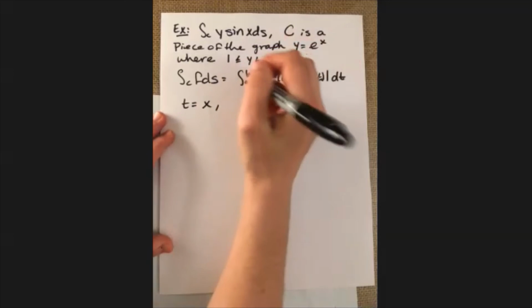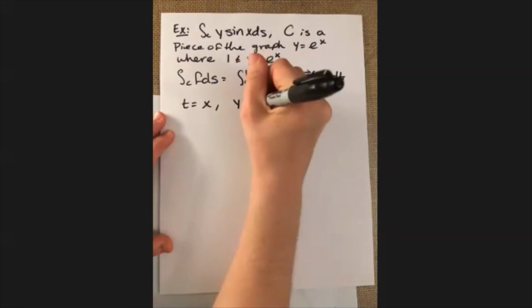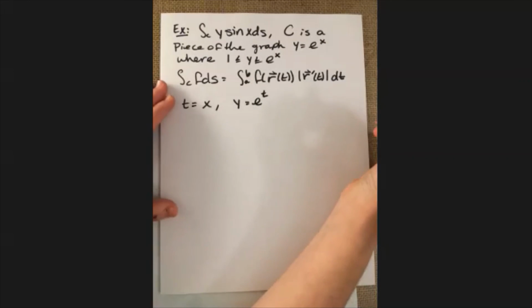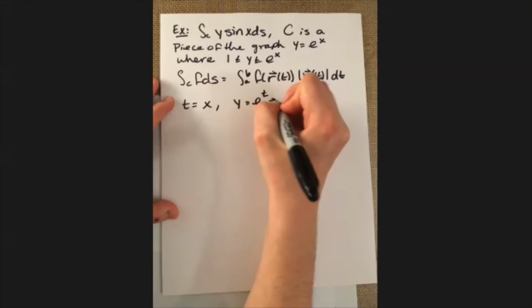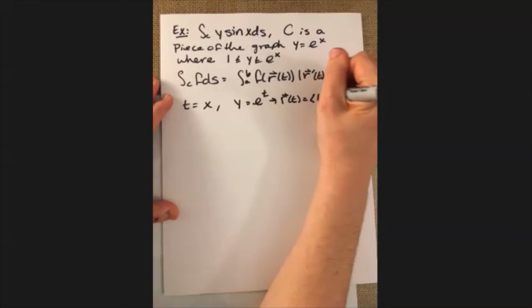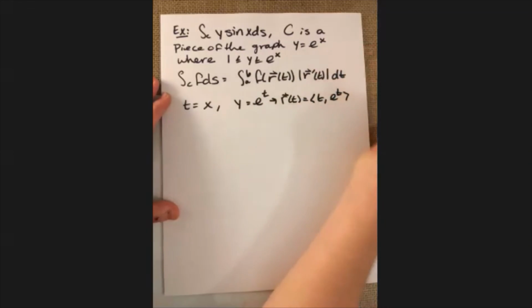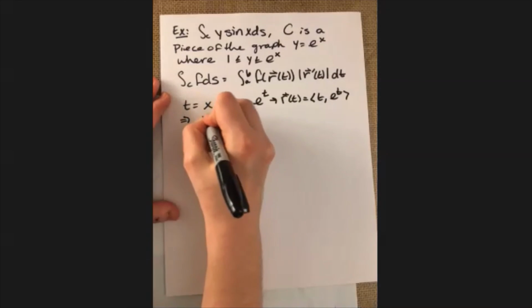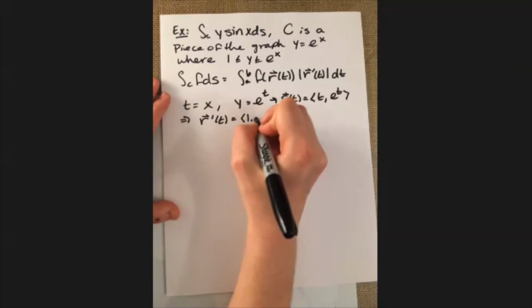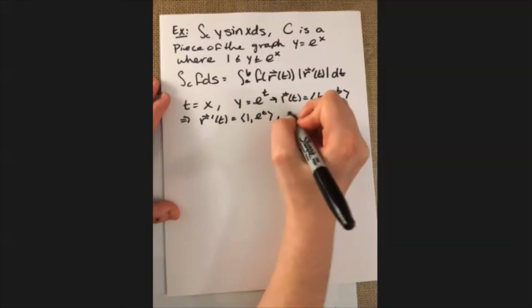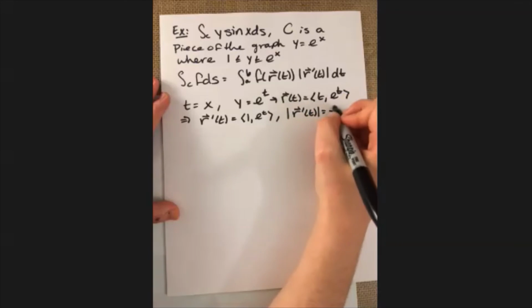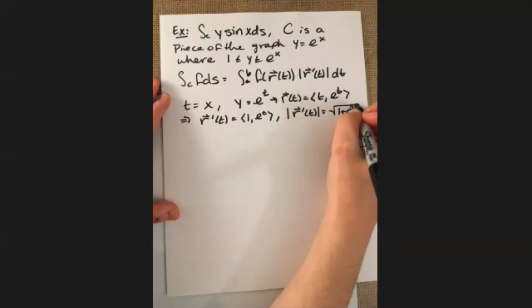And then that means that y is going to become e raised to the t. Okay, so my r of t is equal to (t, e raised to the t), and r prime of t is equal to (1, e to the t), and the length of that is equal to root 1 plus e to the 2t.